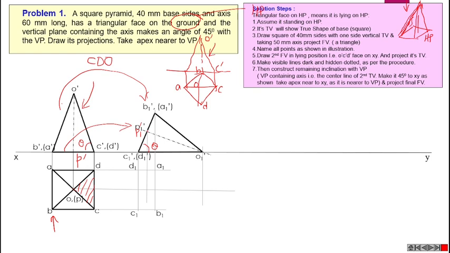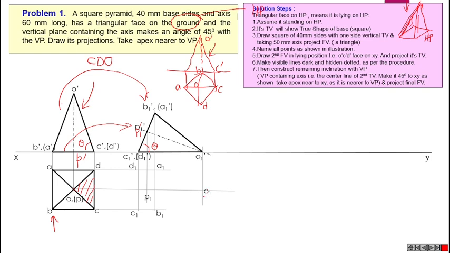And the projection line which is passing through P1 dash and the horizontal line which is drawn from P will meet at this particular point, and that point will become P1, and this point will become O1, and we found all the corners and the apex also.